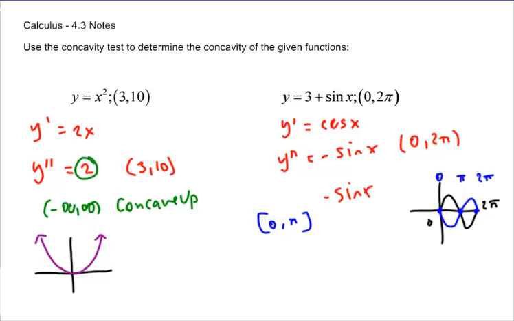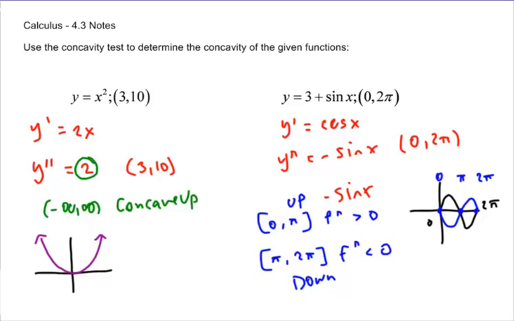From 0 to pi, the second derivative is going to be greater than 0, so we'll be concave up. And from pi to 2 pi, the second derivative is less than 0, so we're going to be concave down. So here we would be down, and here we would be up.